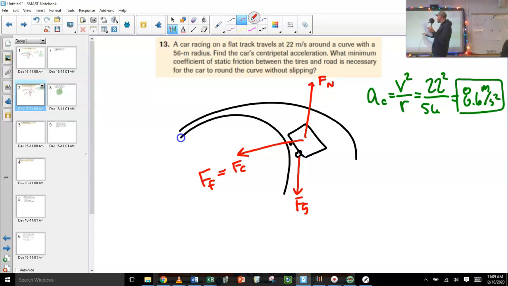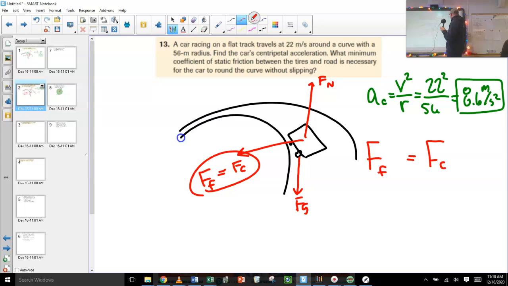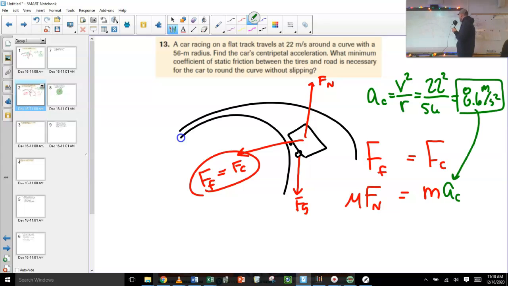So I'm going to use this idea right now. I'm going to set the force of friction equal to the centripetal force. And the friction force, remember, is always the coefficient times the normal force. And the centripetal force is your mass times your velocity squared over your radius, which is a short way of saying it's your mass times your centripetal acceleration, which we already found.